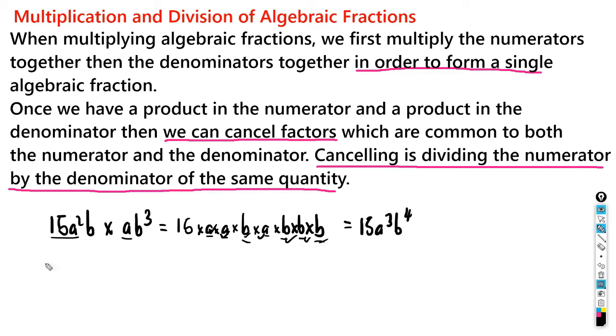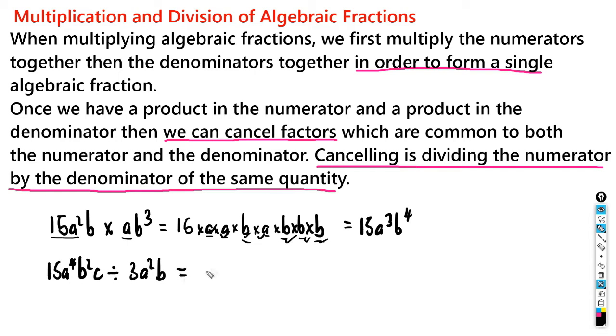Cool. So let's say we have 15a to the fourth b squared c divided by 3a squared b, right?